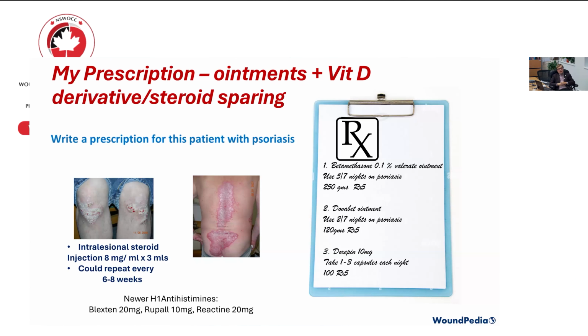And I might use doxepin, which is a tricyclic, but a great antihistamine on the Ontario drug benefit and some other provinces, and use 10 to 30 milligrams at night. But to be an antidepressant, you have to have 75 to 150 grams. Newer antihistamines, Blexten, Rupall, Reactine, are also useful without causing as much drowsiness. Next.